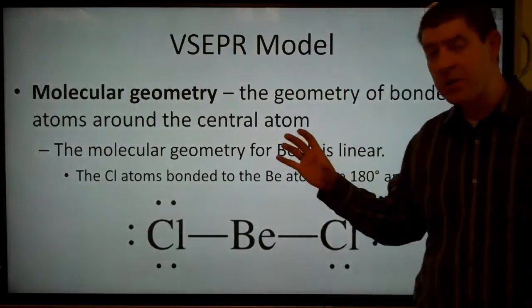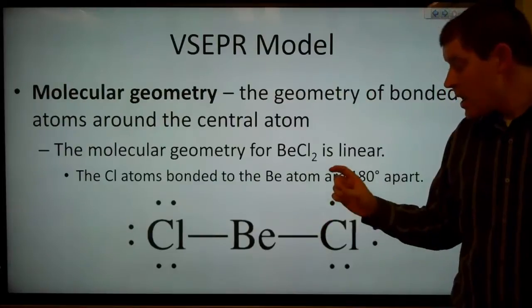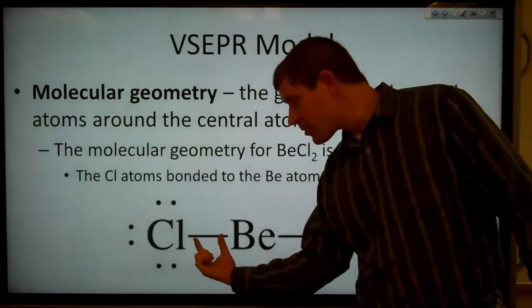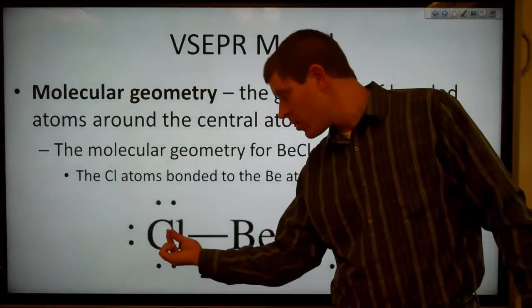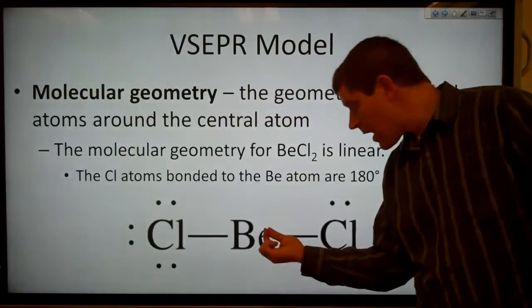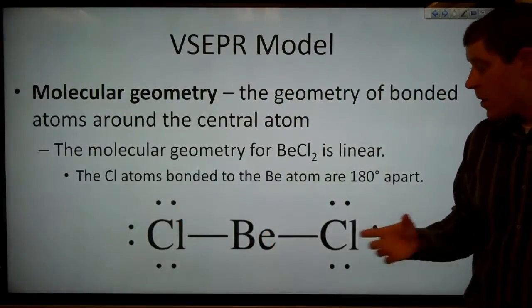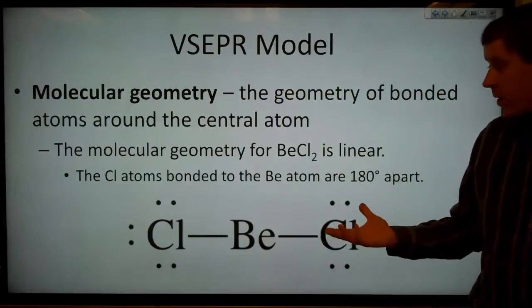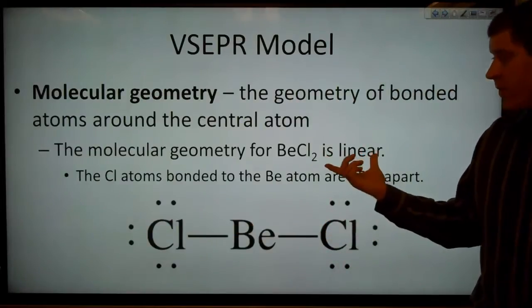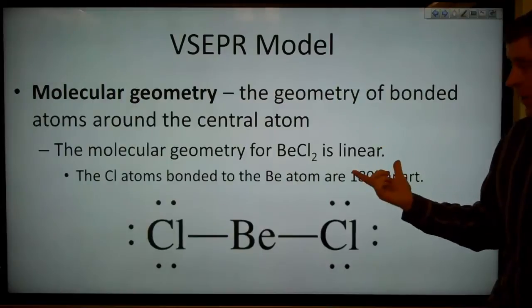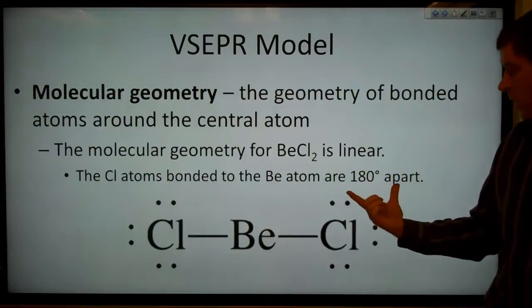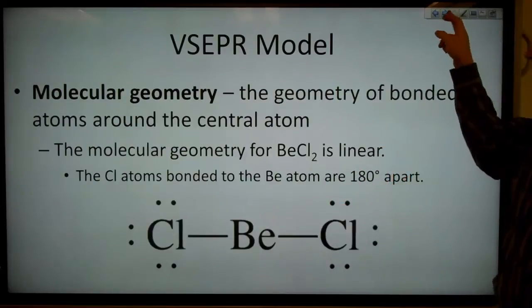We can also talk about the molecular geometry. So now we're talking not about the regions of electron density, but where the atoms are. So where that chlorine nucleus is, and this beryllium nucleus is, and that chlorine nucleus is. So that angle is also 180 degrees. So the molecular geometry for beryllium chloride is also linear, because again, they're 180 degrees apart.